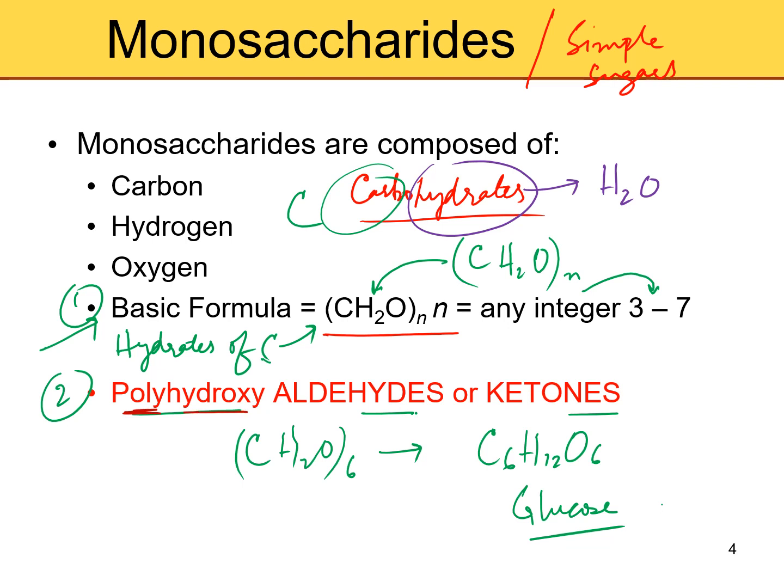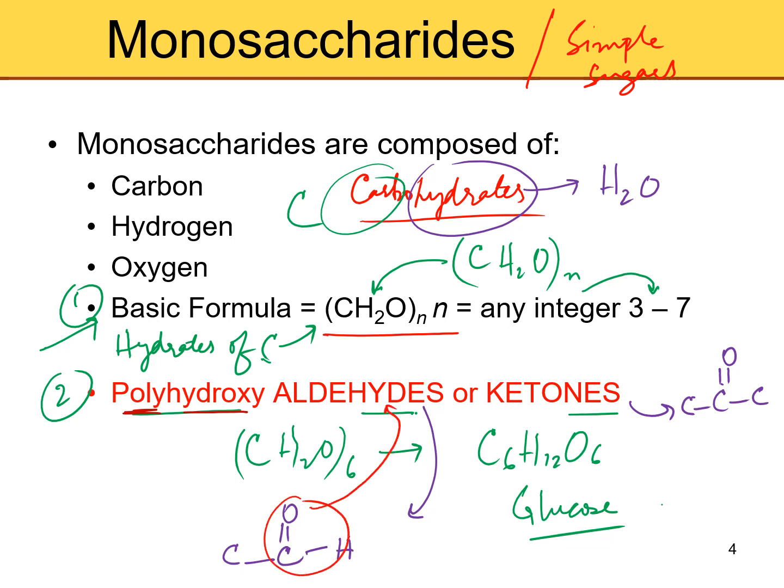Remember, ketone functional groups have a carbonyl with carbon on both sides. Aldehydes have a carbonyl with an H on one side and a C on the other. Please make sure you understand this. Hydroxy groups are OH groups, so poly means more than one.